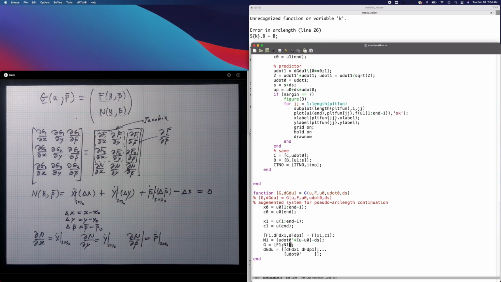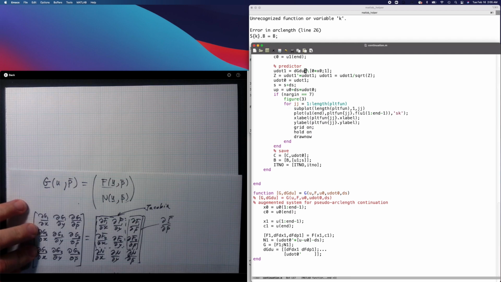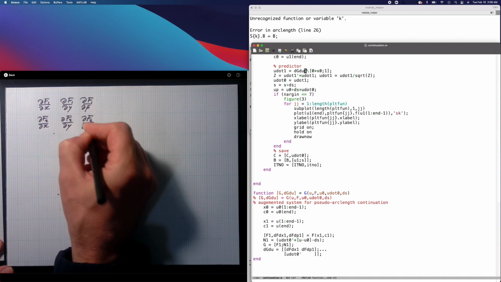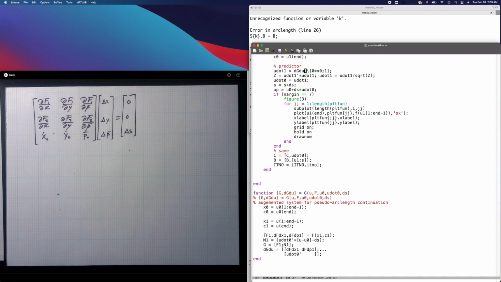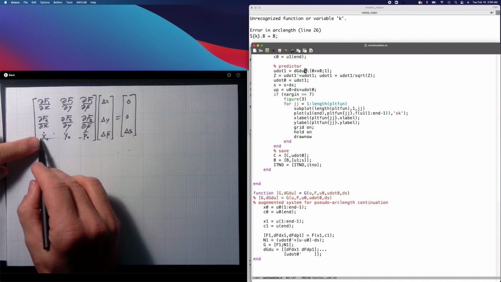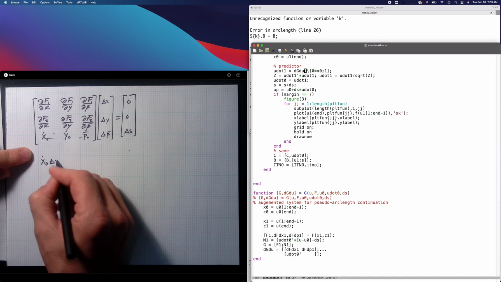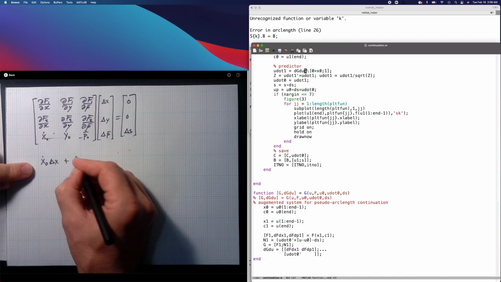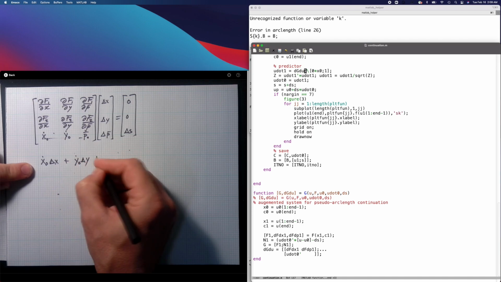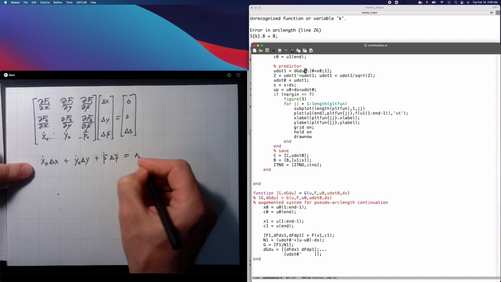And so this is what we have in here. The u dot here was solved. So to get the predictor, I take this system here and I solve this one. So this is the predictor system of equations, and I'll just focus on the last equation. That's like taking this dotted with that, which would give me x dot naught delta x plus y dot naught delta y plus p bar dot delta p bar equals delta s.